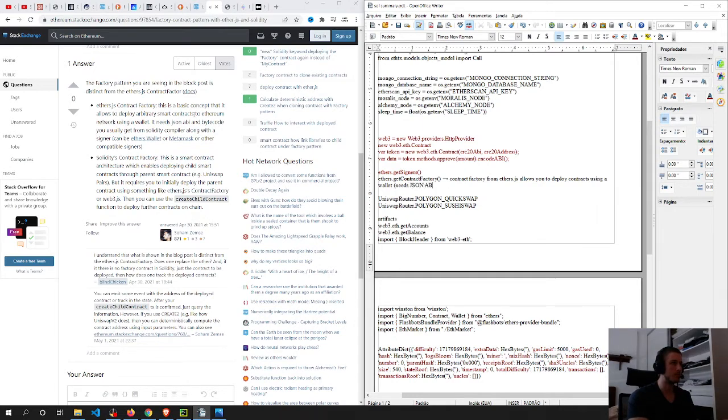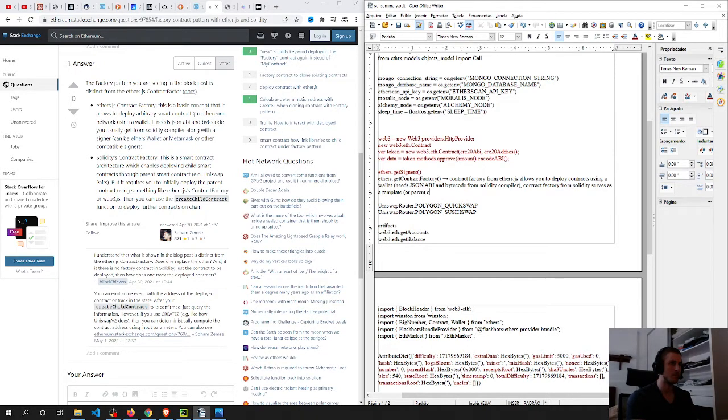The Solidity one enables deploying child smart contracts through parent smart contracts, like Uniswap pairs.